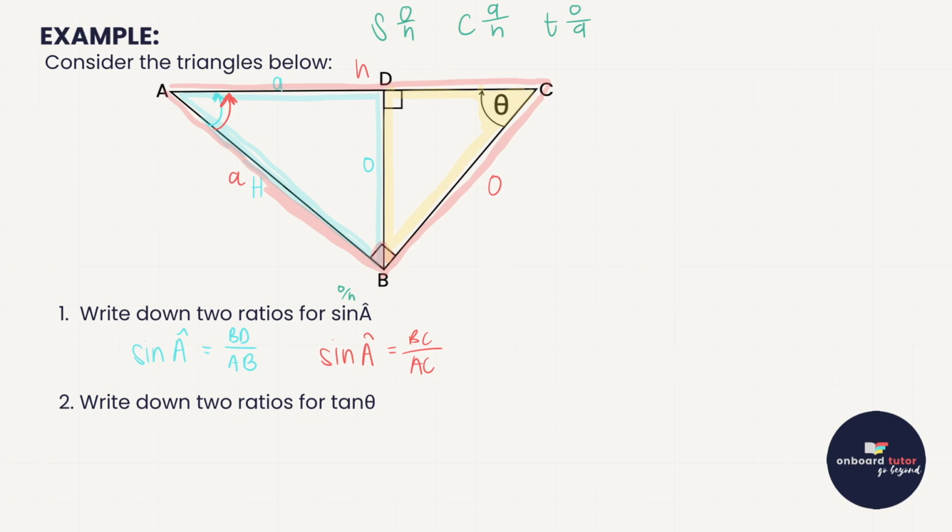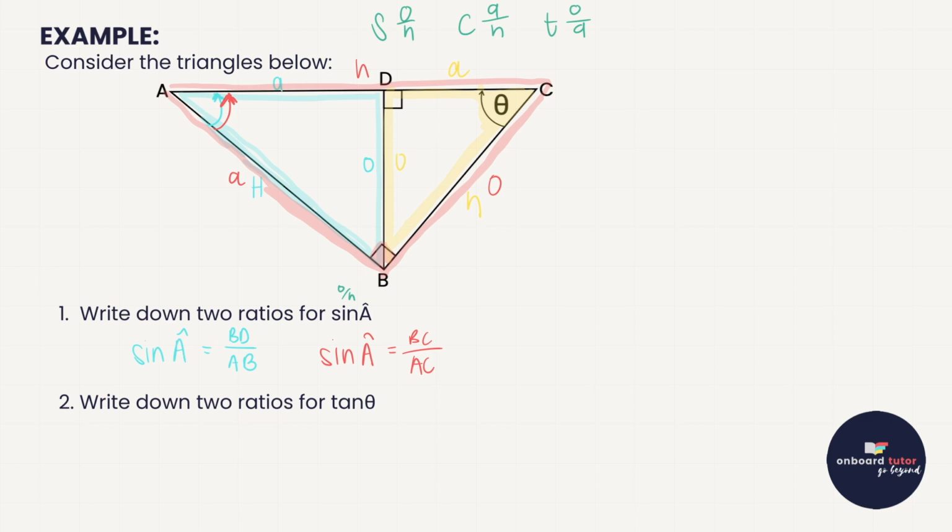Then I'm going to assign within that yellow triangle the hypotenuse, which is across from the 90. So hypotenuse there. The adjacent is the one that, along with the hypotenuse, touches the angle. So adjacent is the one next to it. And then we're left with the opposite side there.